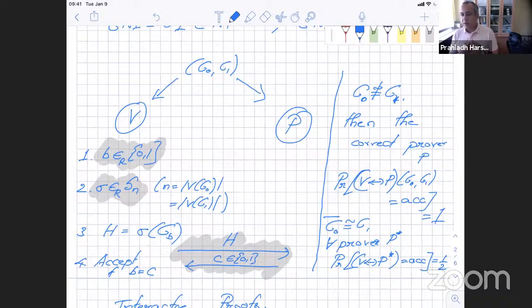If the verifier is not revealing them, they are called private coins. If the verifier is revealing them, they are called public coins. Is the graph non-isomorphism protocol private coins or public coins? Suppose the verifier, in addition to giving H, also revealed what B and sigma were. Then does the protocol stand as it is?